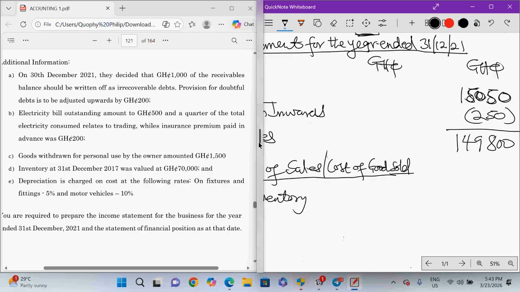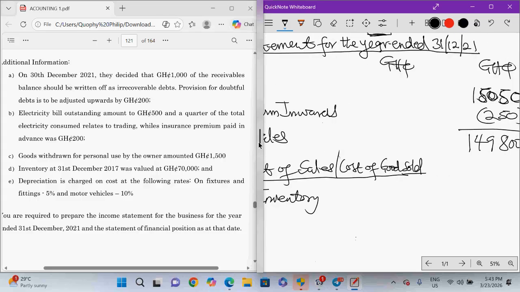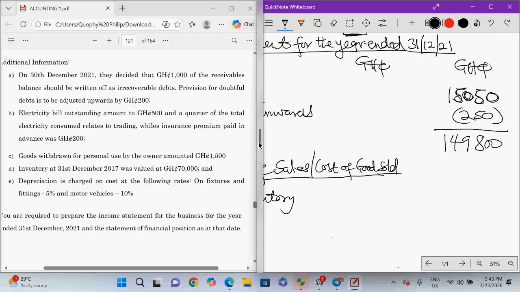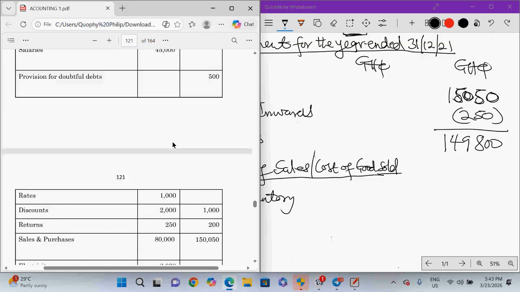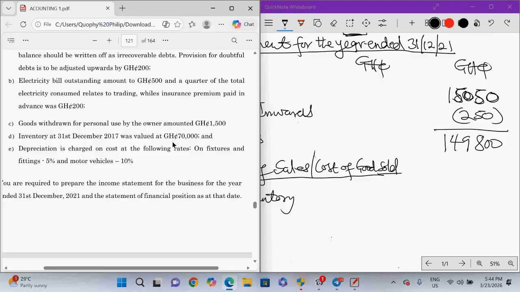Opening inventory is what? 60,000 cedis. Okay, so 60,000.